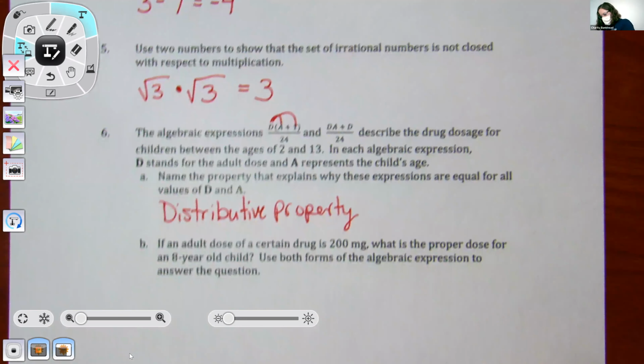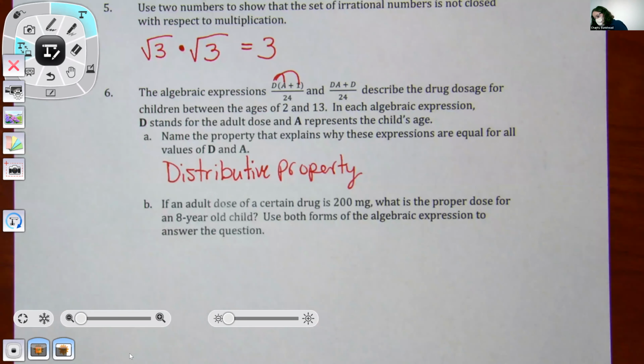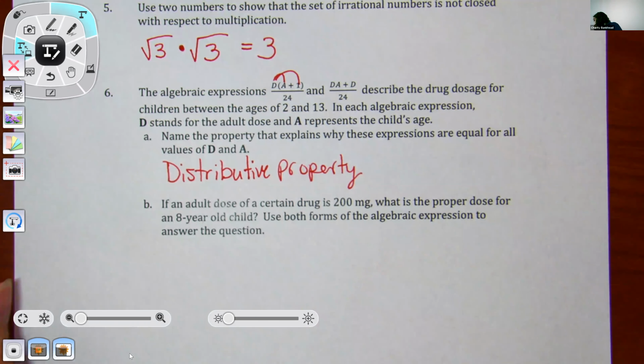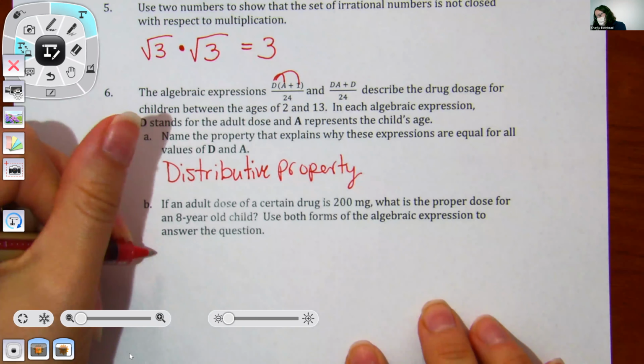Okay, so part B, if an adult dose of a certain drug is 200 milligrams, what is the proper dose for an 8-year-old child? Use both forms of the algebraic expression to answer the question. So adult dose, that's D, equals 200.